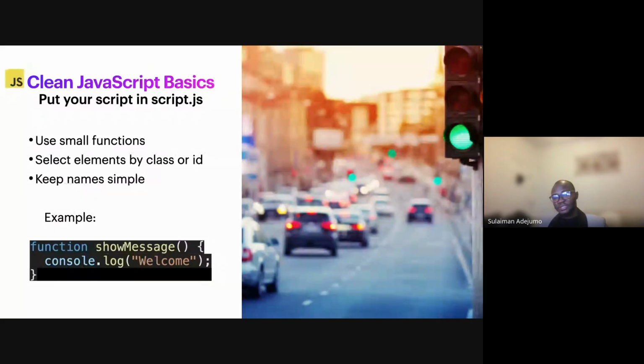And just like we separate CSS from HTML to keep things clean, we also separate JavaScript to make the project more organized. And when the logic is in one place, it becomes easier to find and improve or fix your code when there are issues.